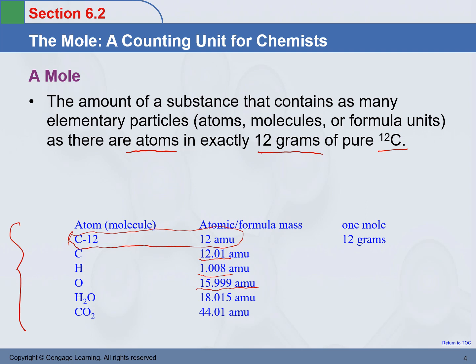That means 15.999 AMU of oxygen, 1.008 AMU of hydrogen, 12.01 AMU of carbon, 12 AMU of carbon-12, they all have the same number of atoms, 1 atom.